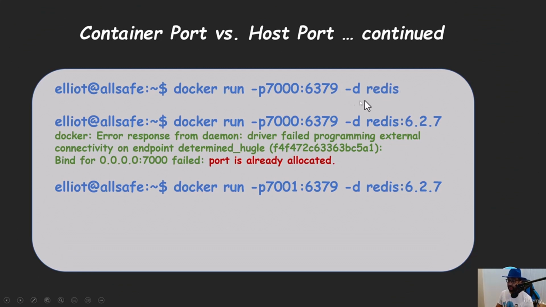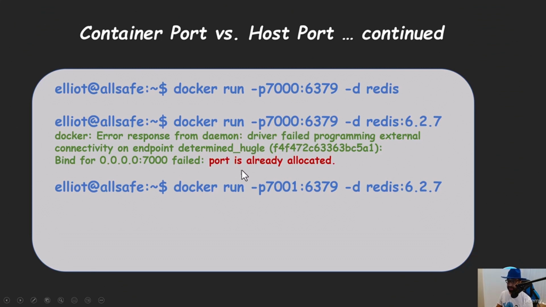So I can run a Redis container and map it to port 7000, and I can run another Redis container with a different version here, for example 6.2.7. But if I try to bind the container port 6379 to the same host port, it will cause a conflict.